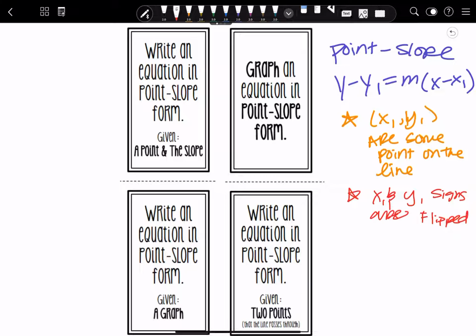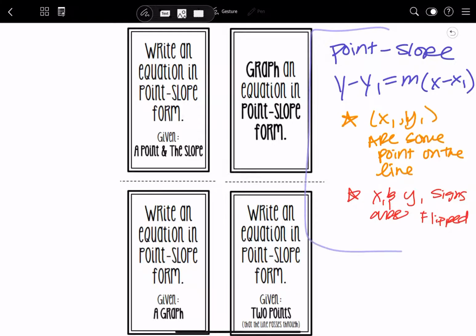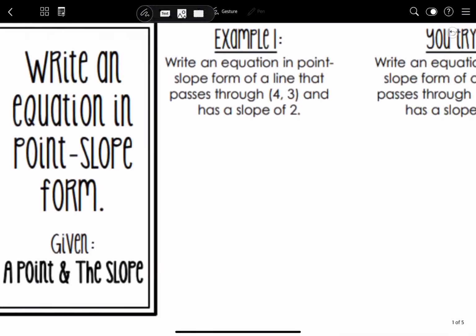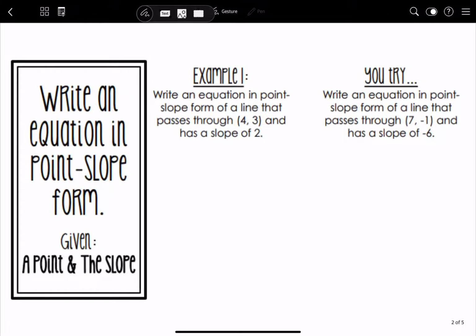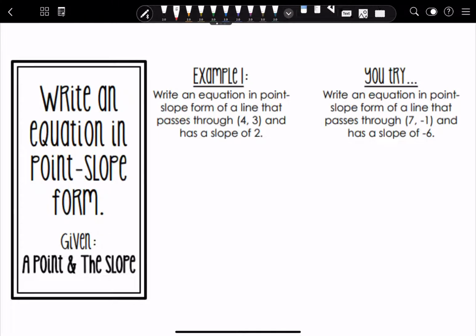Again, make sure that this part right here is written down to the side or wherever you need to. We are going to start with our left side of the notes first, and we're going to write an equation in point slope form.